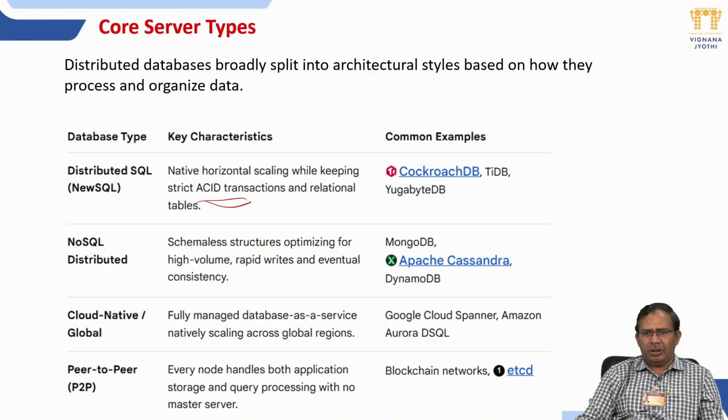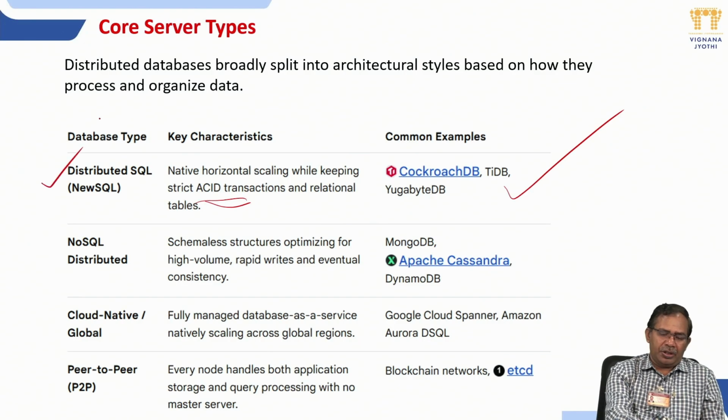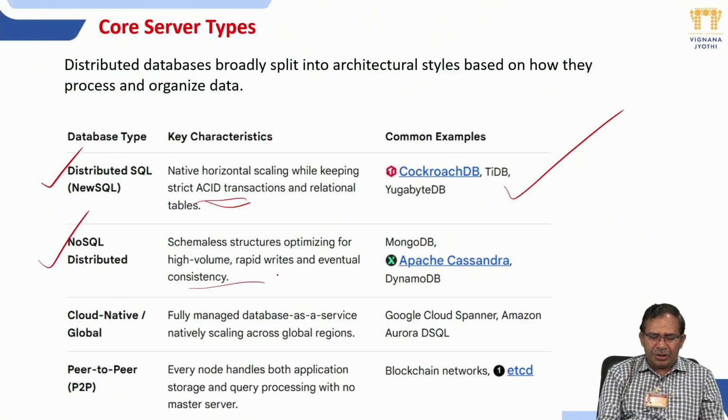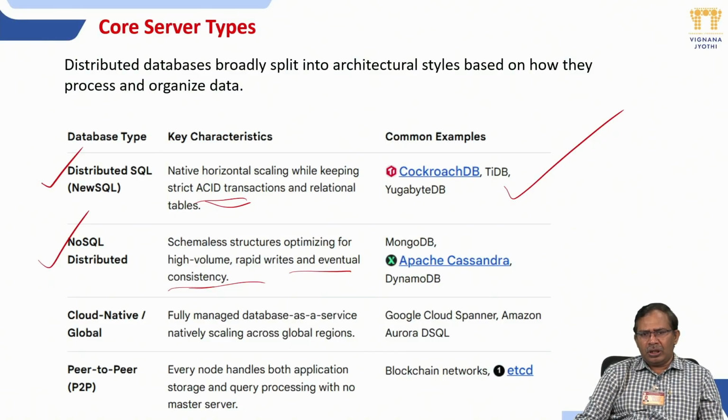In this environment, CockroachDB, TiDB, and YugabyteDB are the examples for distributed SQL. Second, NoSQL distributed. Here, schemaless structures optimized for high volume, rapid writes, and eventual consistency are the theme of this database. MongoDB, Apache Cassandra, and DynamoDB come under this aspect.